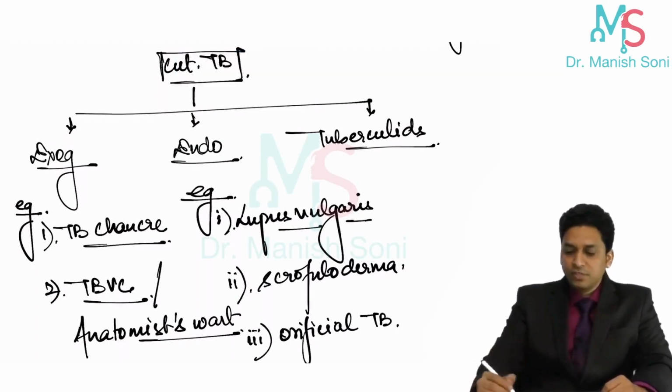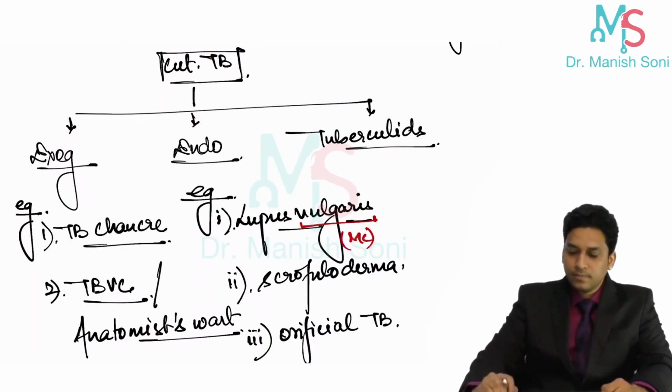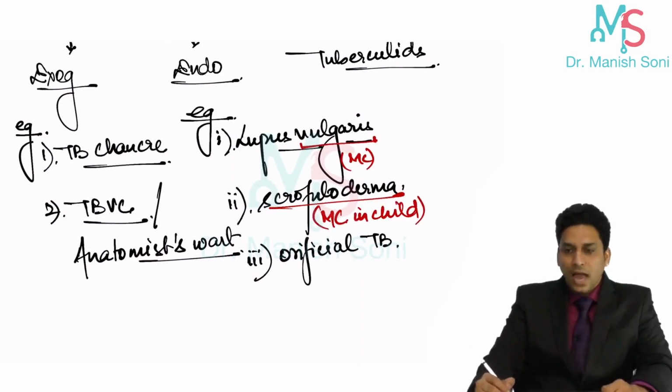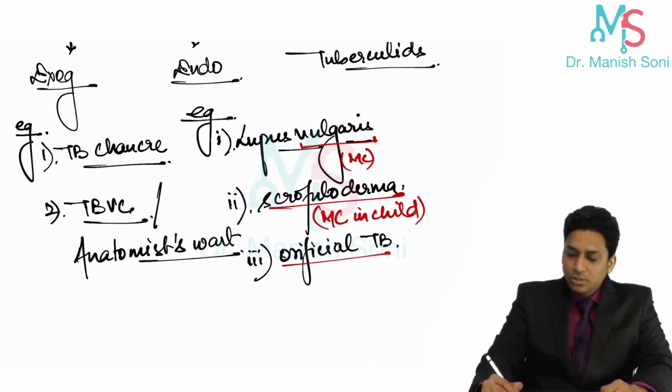Now, one important point to remember here is that vulgaris means most common. So, this is the most common type of cutaneous tuberculosis. Scrofuloderma is also the most common type, but in children. And orificial tuberculosis occurs due to auto-inoculation.